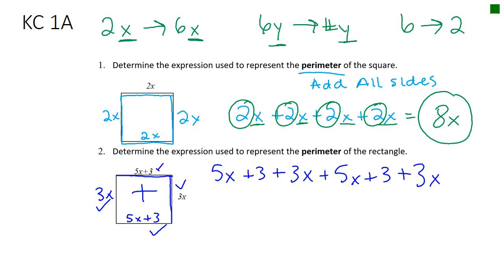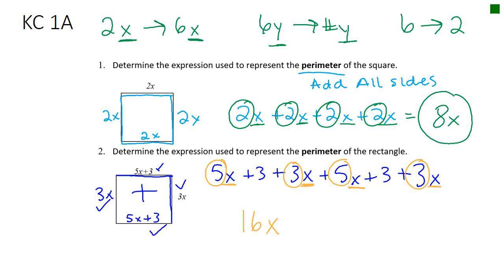Okay, again, we're combining the ones that have the x with the x. Okay, so notice how 5x has an x, 3x has an x, 5x has an x, and 3x has an x. Okay, again, x stays the same because they all have an x. All you have to do is add the numbers 5, 3, 5, and 3, which will give me 16x.